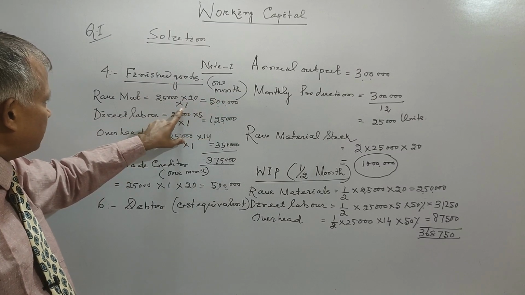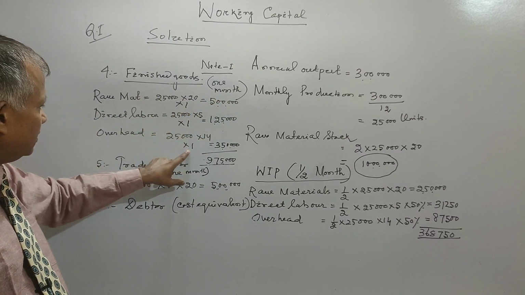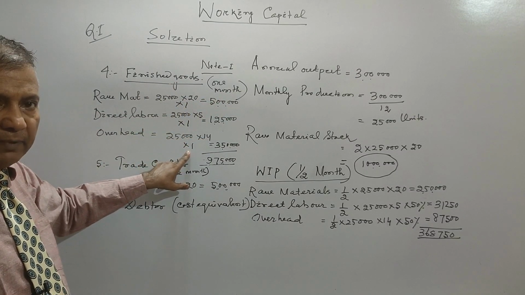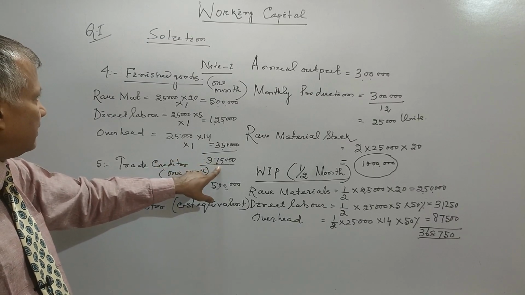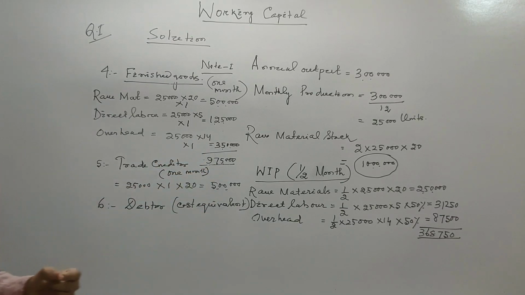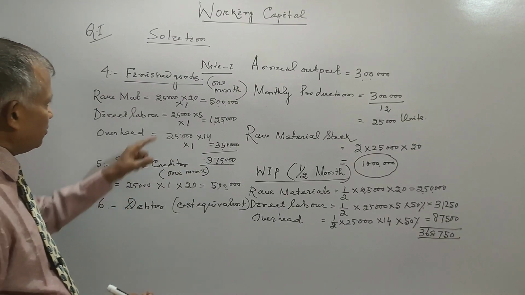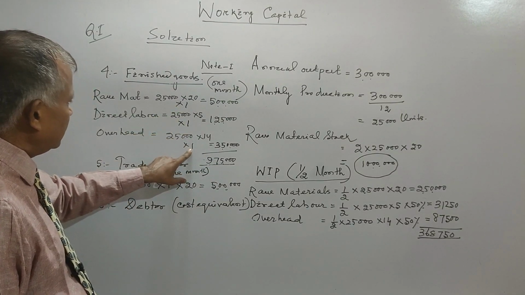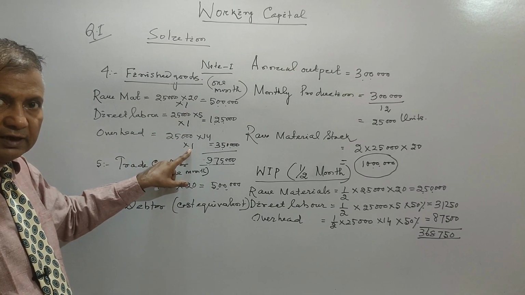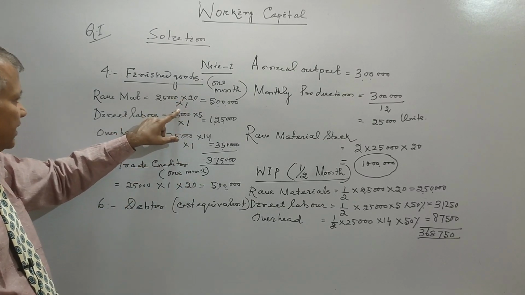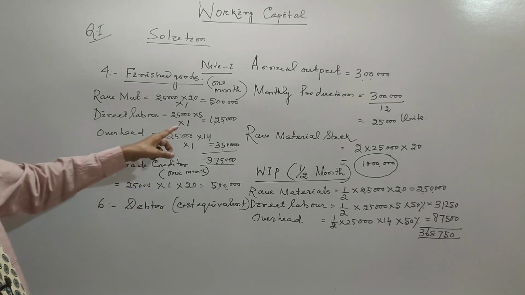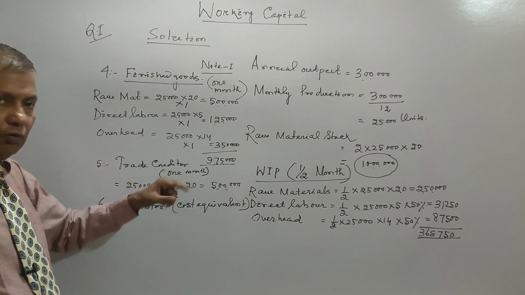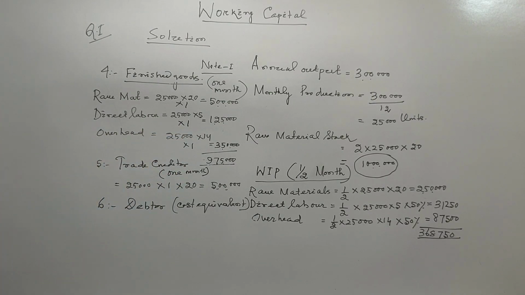Here we multiply 1, here we multiply 1, here we have multiplied by 1 to find out the finished goods. In case of valuation of debtor, we have to multiply by 2, here also 2, here also 2, right? So each raw material will be 2 months, direct labor will be 2 months, overhead will also be 2 months.